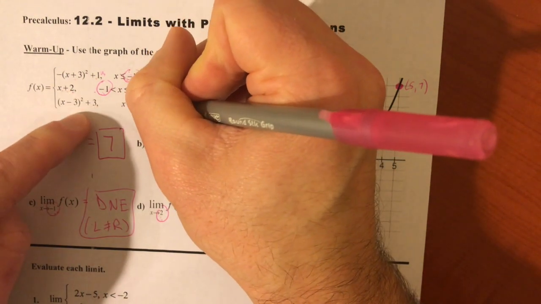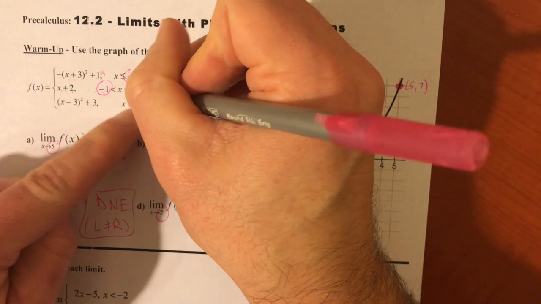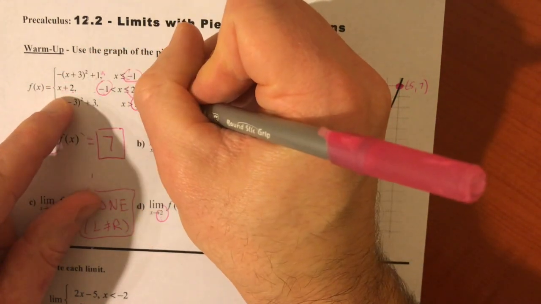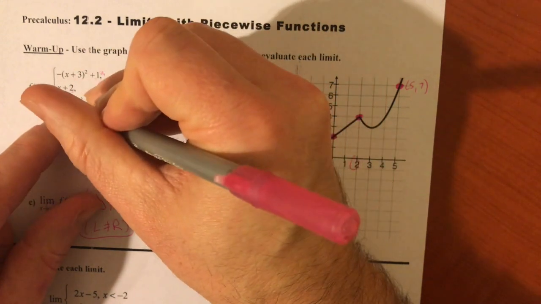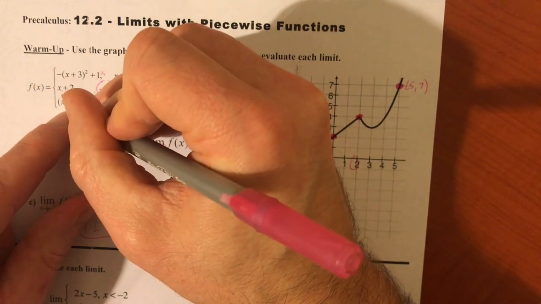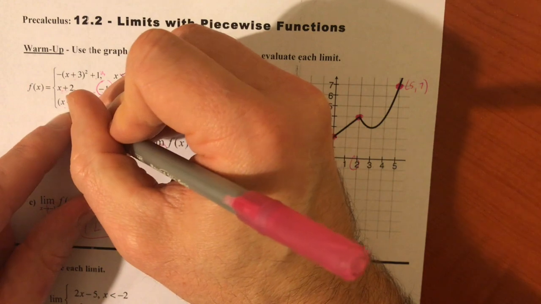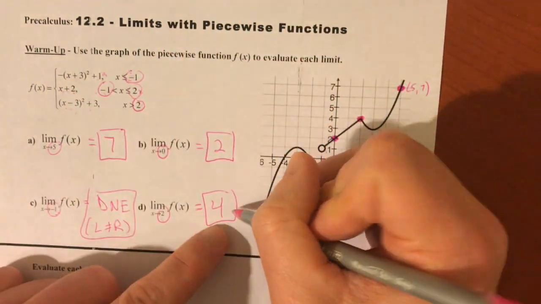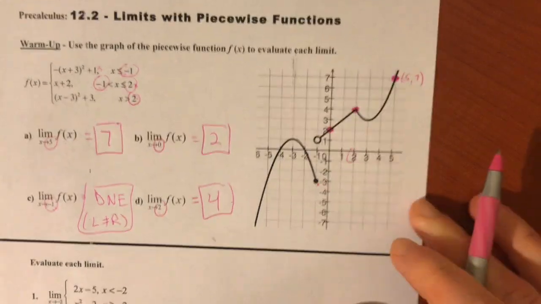So you've got to worry about that continuity, essentially plugging 2 into both. 2 plus 2 is 4, and when you plug 2 into this second part, 2 minus 3 is -1, squared is 1, and 1 plus 3 is also 4. So from the left and the right, it's a value of 4. So the limit is 4.